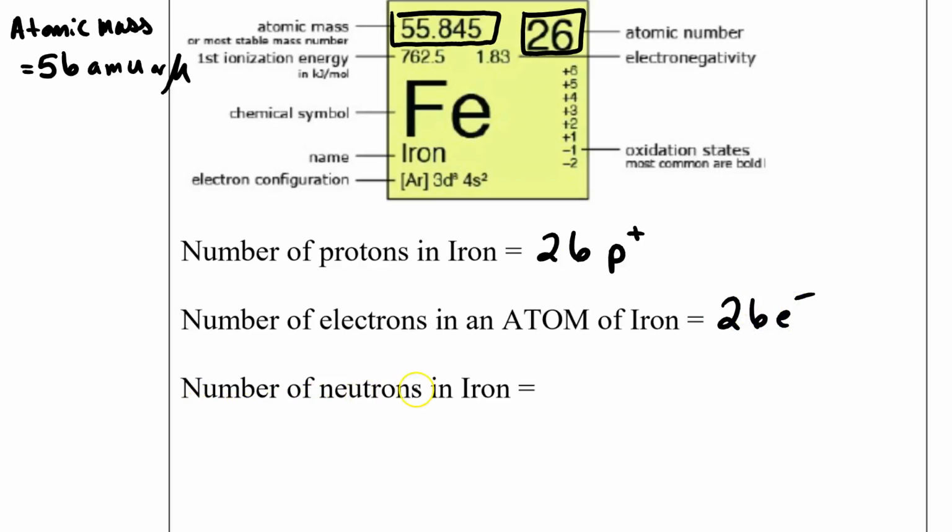And the number of neutrons is going to be that atomic mass, so 56, minus the atomic number, or the number of protons, because remember, all of the weight of the atom lies within its protons plus neutrons. The electrons are so light they barely weigh anything. Okay, it's called negligible. We don't count it. So we take the full mass and we subtract off the number of protons that we have, which is the same thing as our atomic number, and we're left with our neutrons. So 30 neutrons.